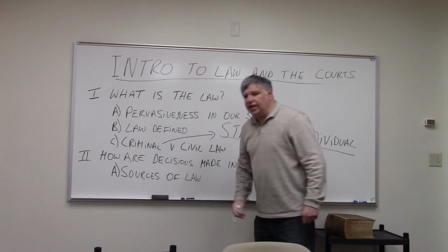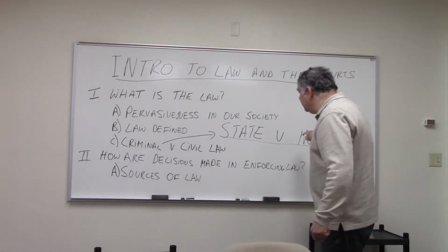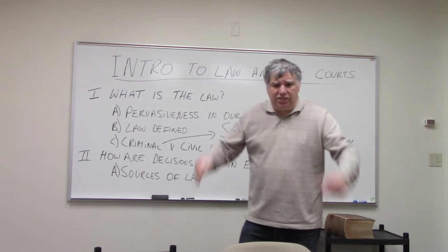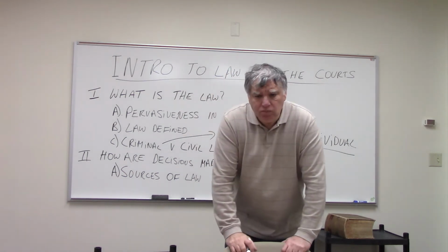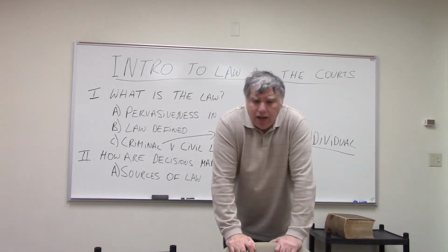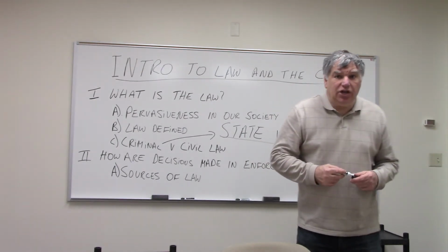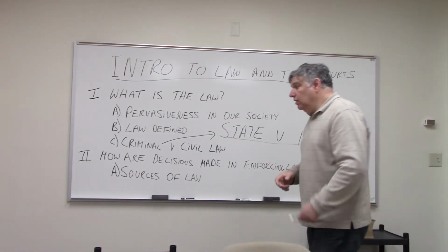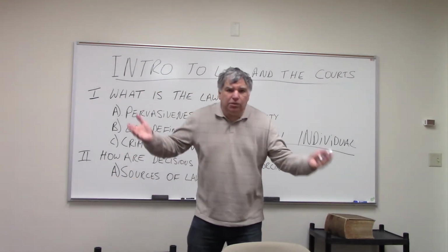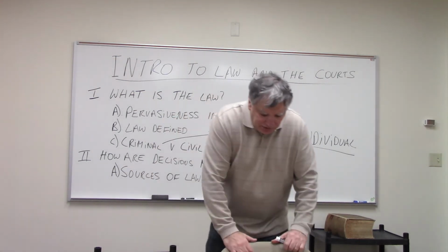In other words, the state, the government, can legitimately say to us, you cannot do these certain things because it's a violation of society, it's a violation of public order. And if you do those things, we can prosecute you and we can put you in jail. And how authoritative is government? Well, depending upon how significant the action is that you take, the government can even give you the death penalty. Many states still have the death penalty. So it can even take your life.